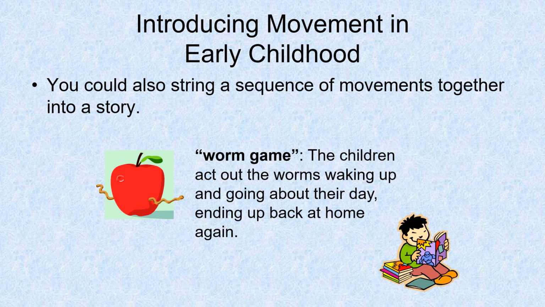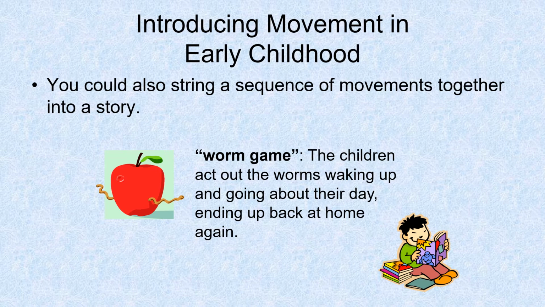As you're introducing movement, you could also do some choreography. And again, it's a big word, but what we're really talking about is stringing together a sequence of movements. And those movements, as they're strung together, form a story. One way to do that would be by something called the worm game. The children could pretend that they're worms.